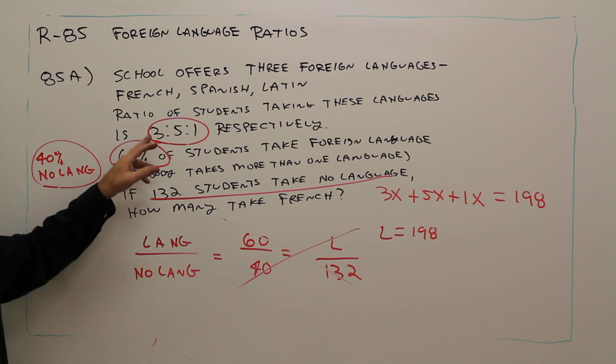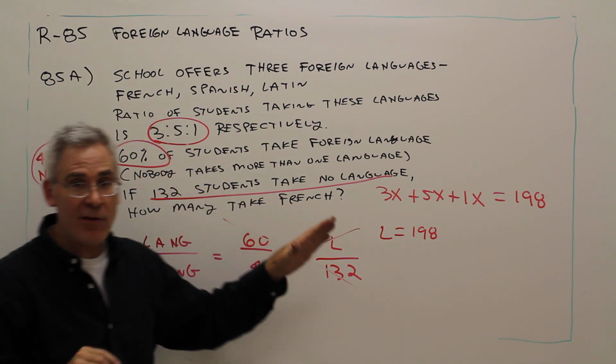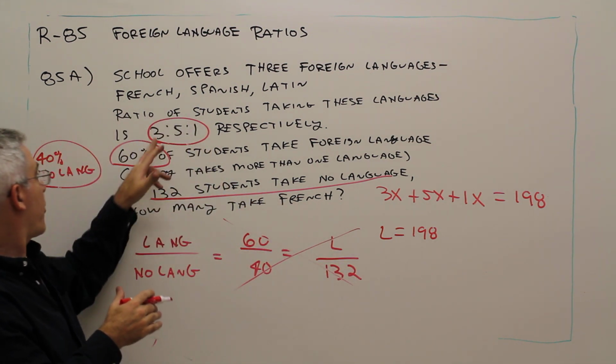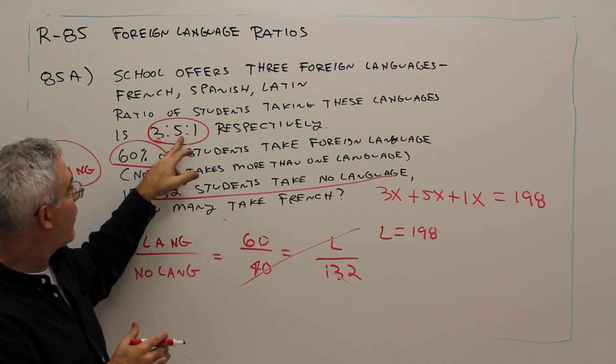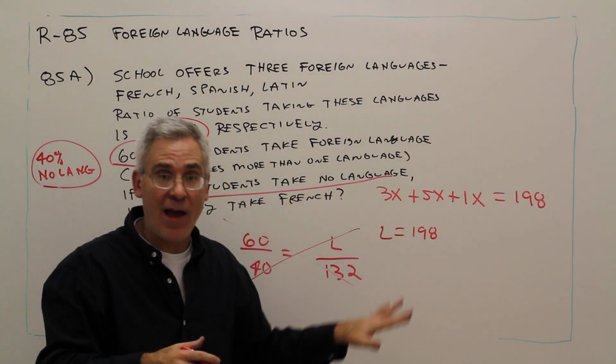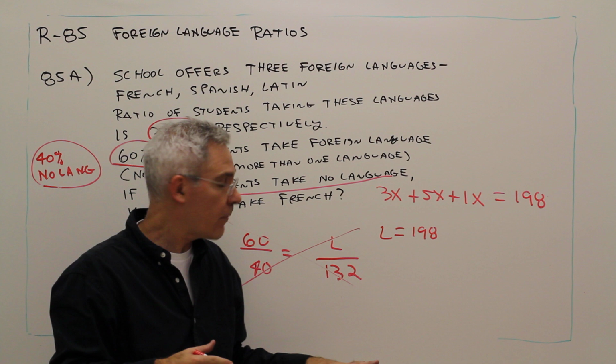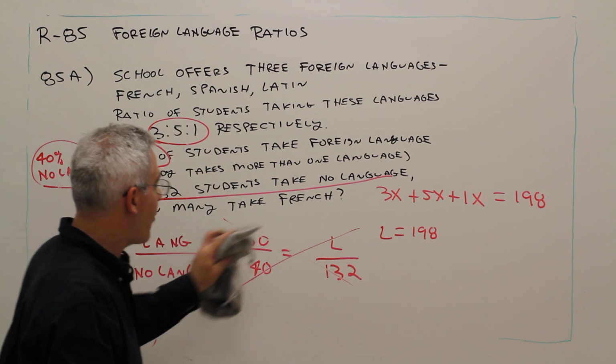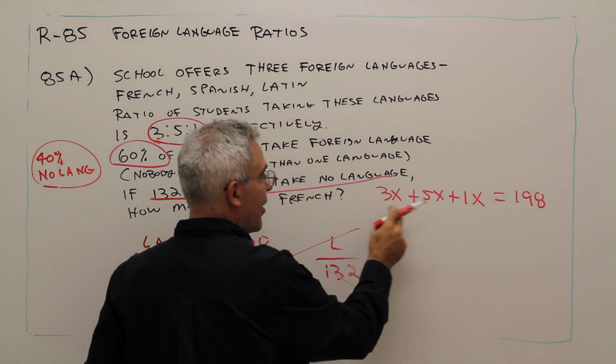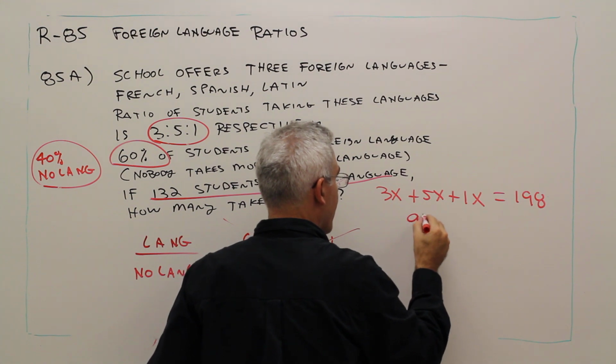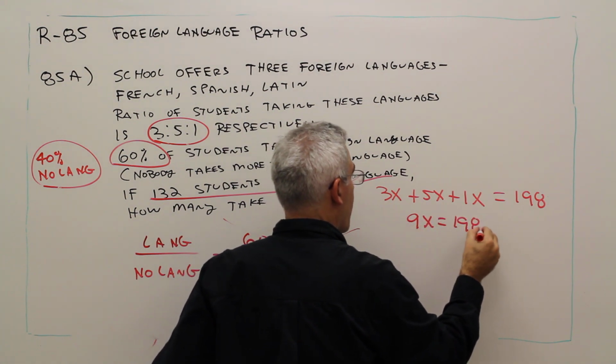So again, whenever you see a ratio 3, 5, 1, it doesn't mean that there's 3 students that take that language, 5 and 1. It's 3x, 5x, and 1x. Okay, so let me try to solve that. 3, 5, 1, that's 9x equals 198.